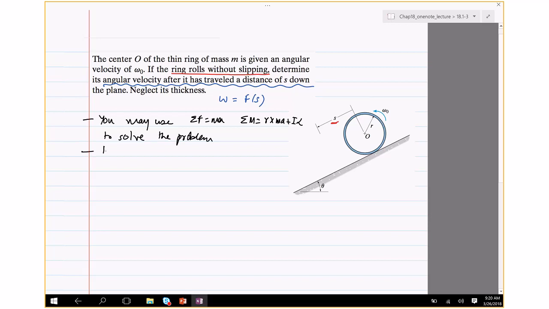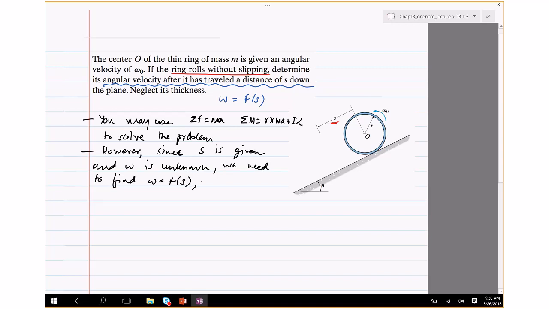However, since S is given and omega is unknown, we need to find omega as a function of S. So you can use the principle of work and energy.